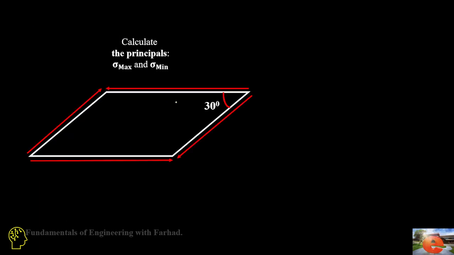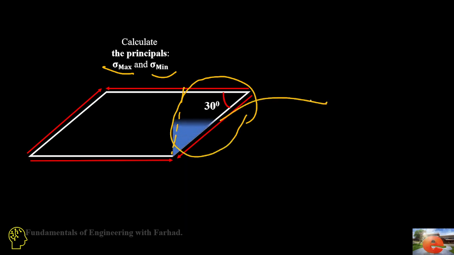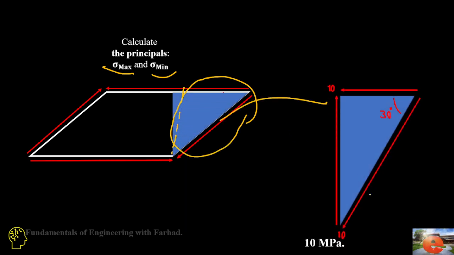Again, if we want to calculate the principal stresses like sigma min and sigma max on this tilted edge, we can take out this triangular element and see the effect of stresses on that piece of element.